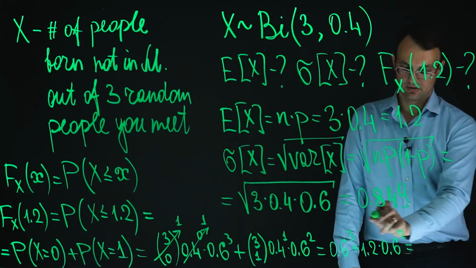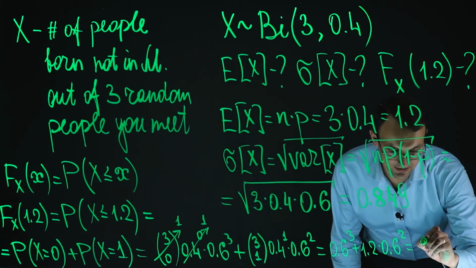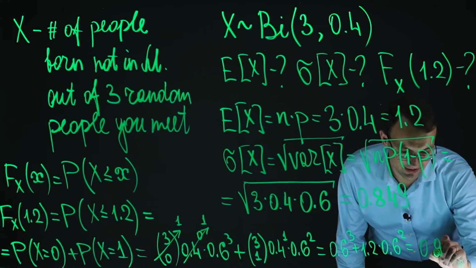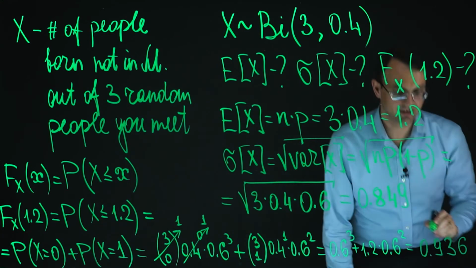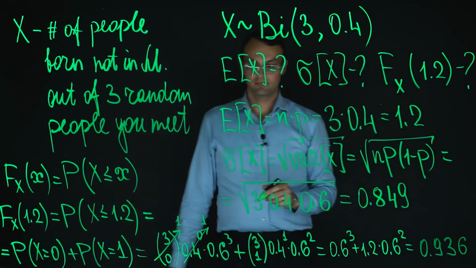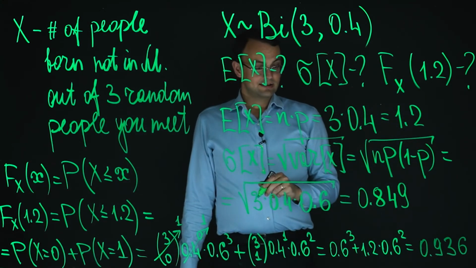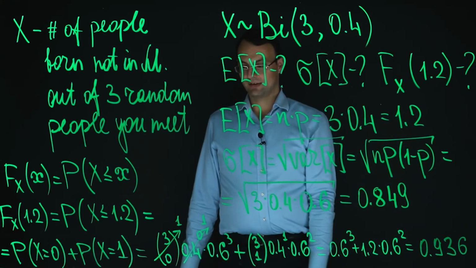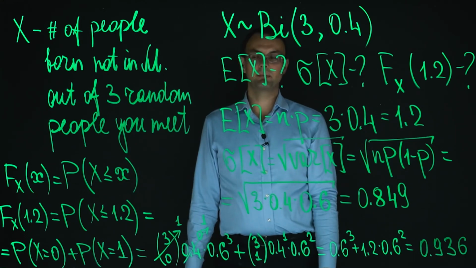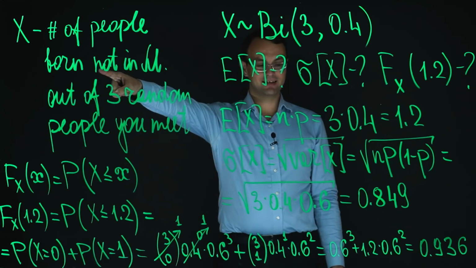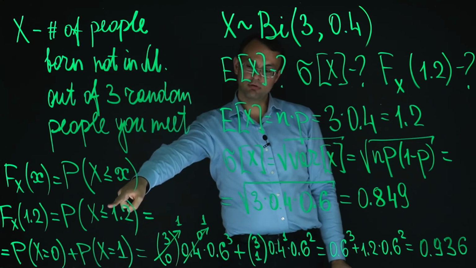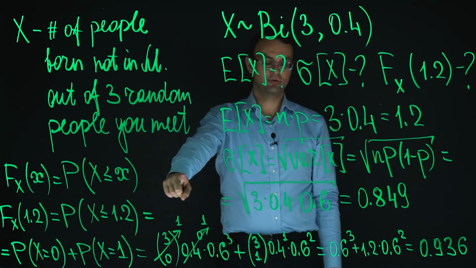And if we count this, it is 0.936. So very close to 1. So with high probability, this value of x will be 0 or 1, not 2 or 3.